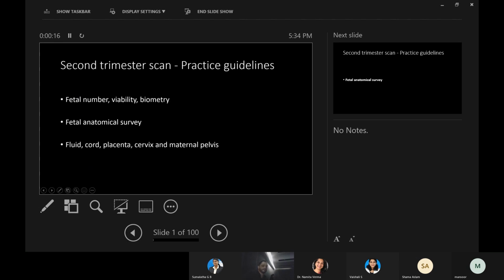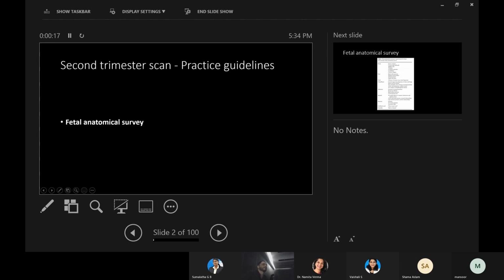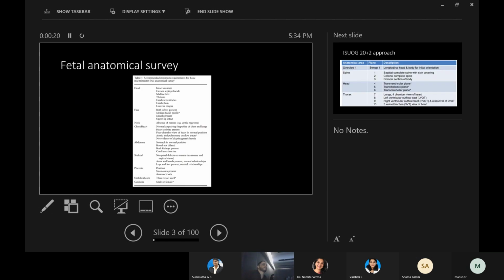We'll go directly to the point, that is the fetal anatomical survey. These are the ISUOG guidelines, what all things you should look for. In the head, you look for intact cranium, cavum septum pellucidum, midline falx, thalami, cerebral ventricle, cerebellum, cisterna magna. Then in the face, look for both orbits, median facial profile, mouth present or not, that is the lips, upper lip is intact, palate.